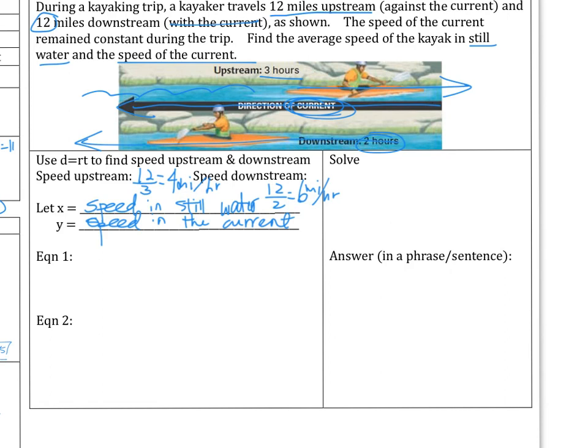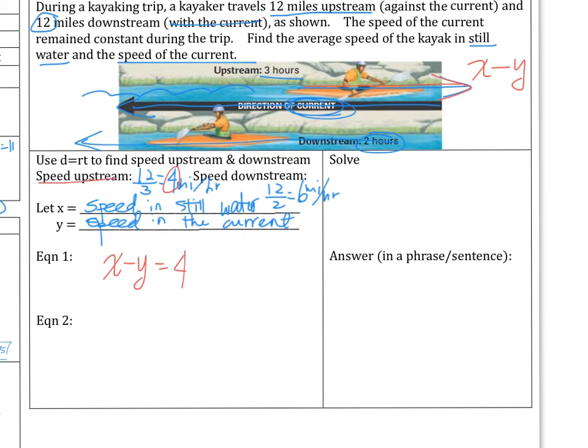When this guy goes upstream, it's going to be speed in still water, x, subtract the speed of the current, y. And this would equal 4.